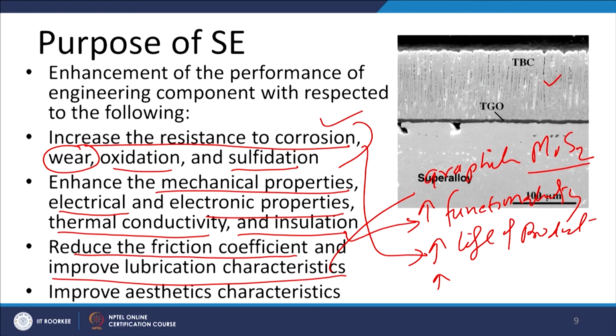And the components which are subjected to high temperature are given thermal barrier coatings, so that the temperature outside is high, but it resists the transfer of heat towards the main bulk material, and thereby it maintains the underlying bulk material at a lower temperature. So, basically the purpose of the thermal barrier coating is to maintain the temperature of the bulk material at a lower level, and the temperature of the bulk material may be like 50 to 100 degree centigrade lower than the outside temperature.